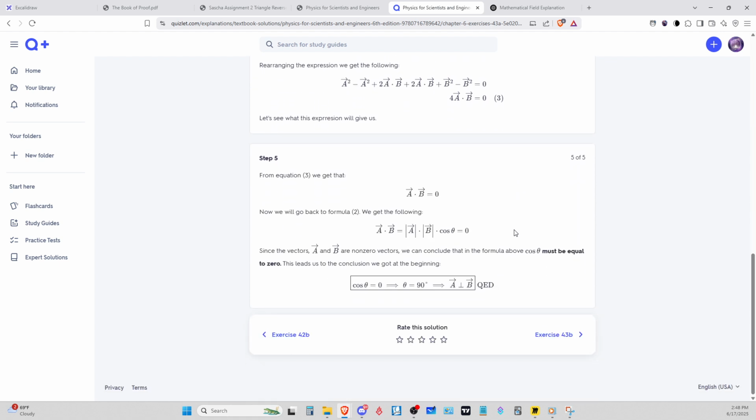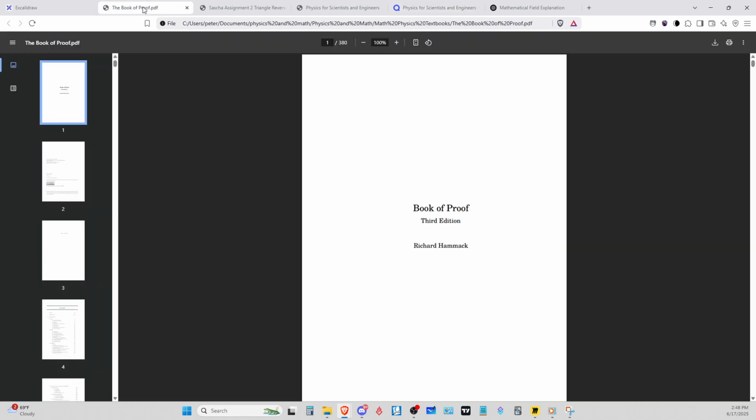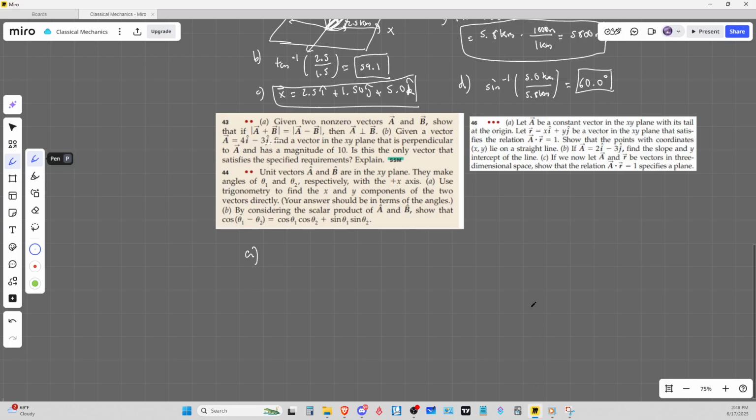I get what they're saying here, but I'm still having a hard time thinking about it. I'm still not seeing the connection between this relationship and the relationship they're drawing up here.